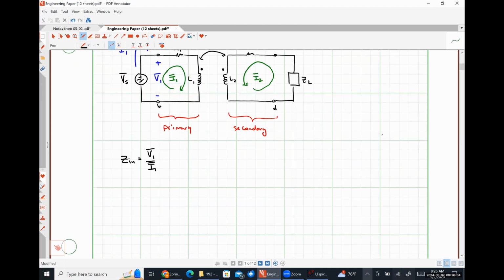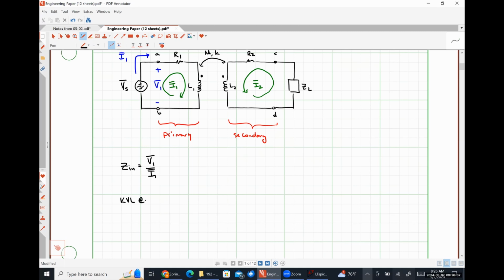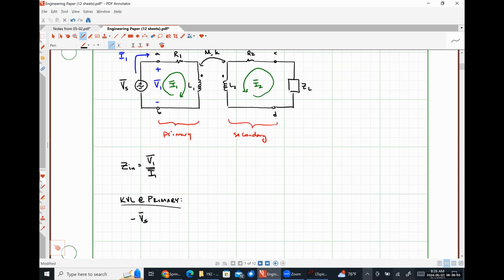So if we were to apply Kirchhoff's voltage law at our primary windings, we would wind up getting the relationship negative Vs plus R1 plus J omega L1 times our current I1 plus J omega M times I2.